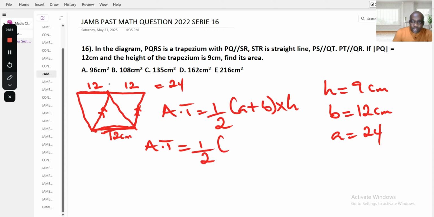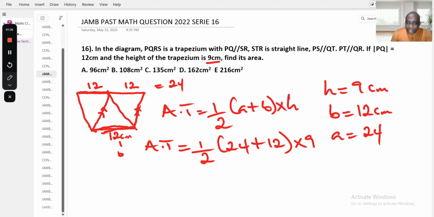Our A is the top here, which is 24. 12 plus 12 equals to 24. What is our B? Base is 12, the one down here. What is our height? The question has given us height, 9 centimeter. Multiply by what? By 9.